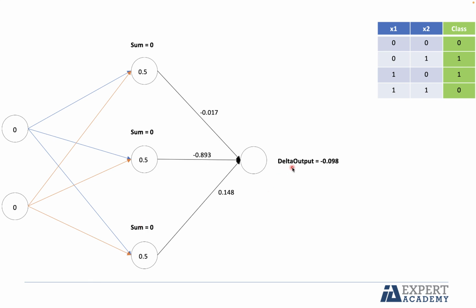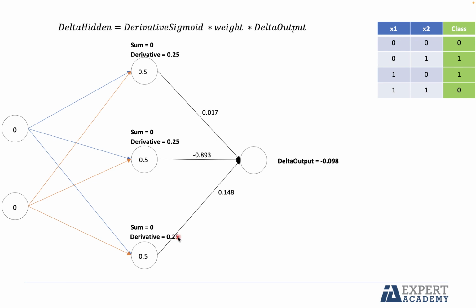We already have the delta output for the first row, which is minus 0.098, and we are considering the first row 0 and 0. We already have the derivative value 0.25, and now we can apply this other equation.